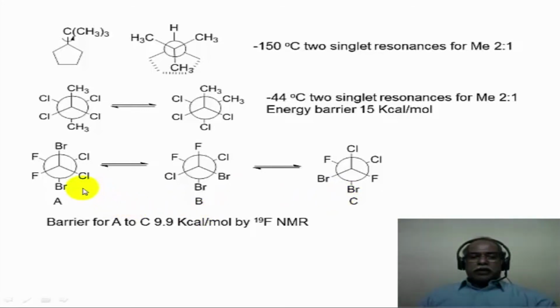If you measure the fluorine NMR spectrum at a very low temperature, you can see one signal corresponding to these two fluorines and one signal corresponding to these two fluorines here, which are chemically distinguishable from one another in terms of A, B, C being chemically distinguishable. The activation barrier to go from A to C has been calculated by variable temperature NMR to be about 9.9 kilocalories per mole.